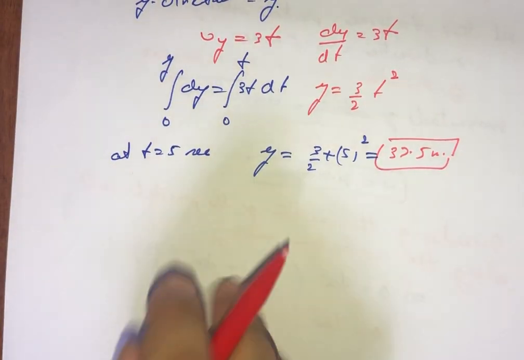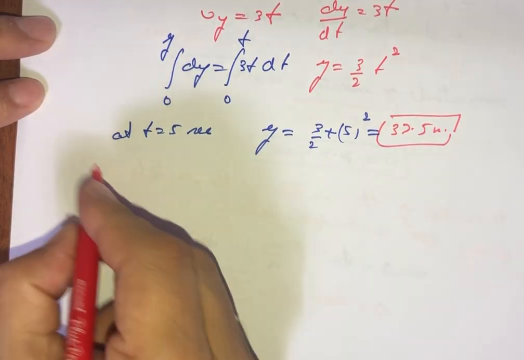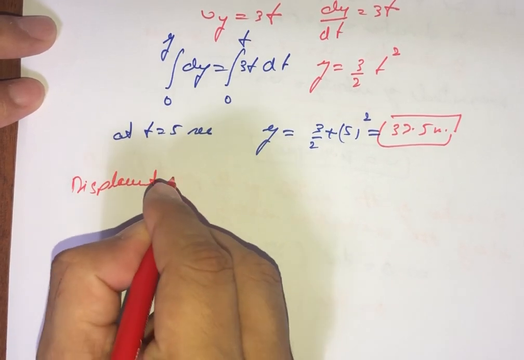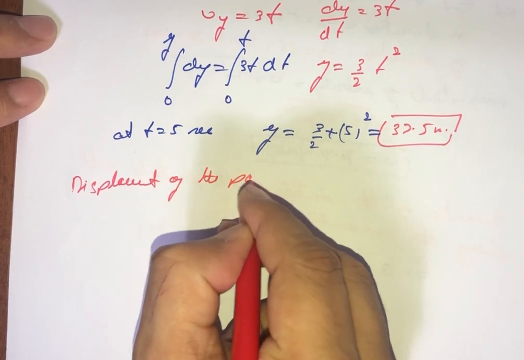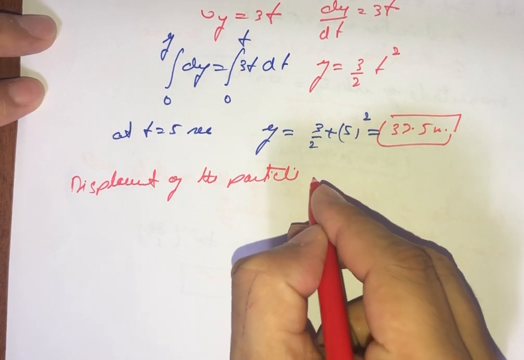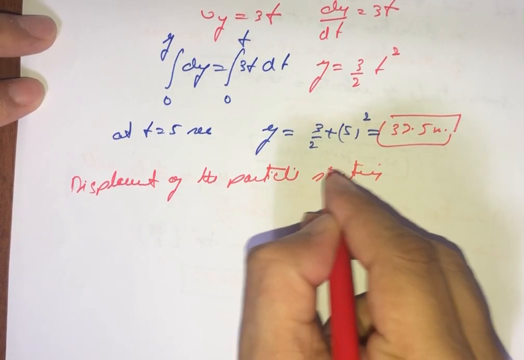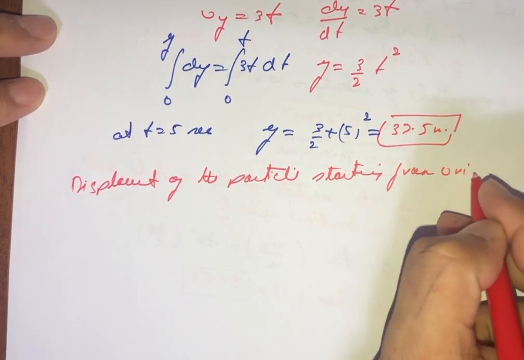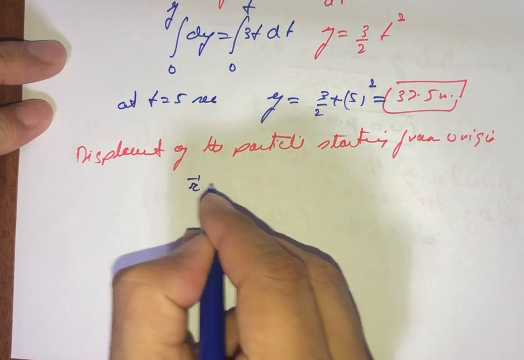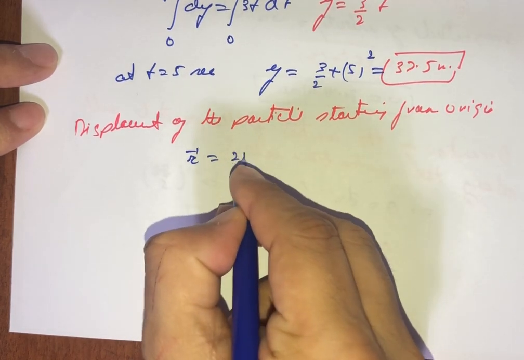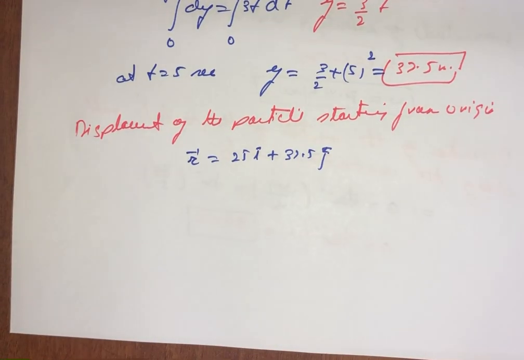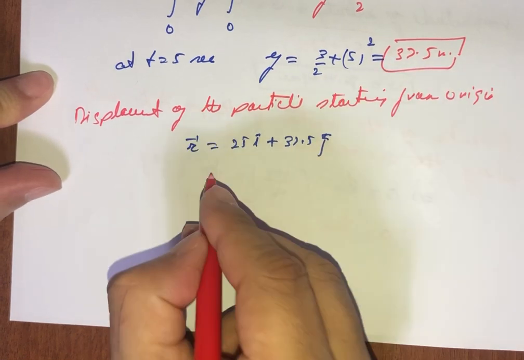We already know the x component as well as the y component, so we can say that the displacement of the particle starting from the origin, let us represent it with the vector r, is equal to 25 i plus 37.5 j, and we can find out its magnitude as well as angle.